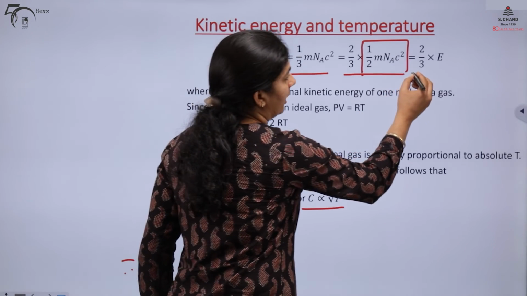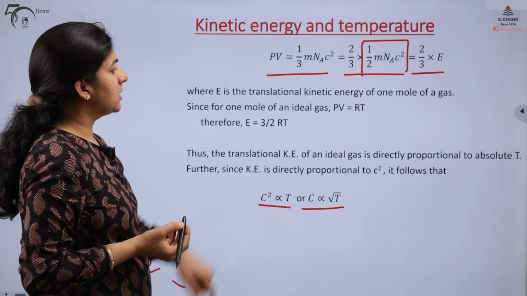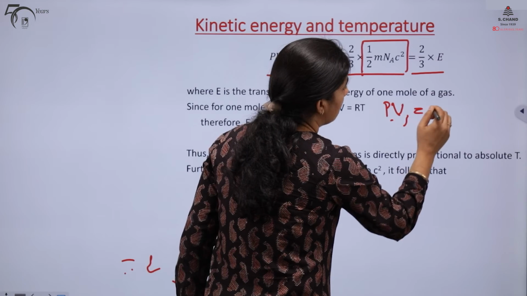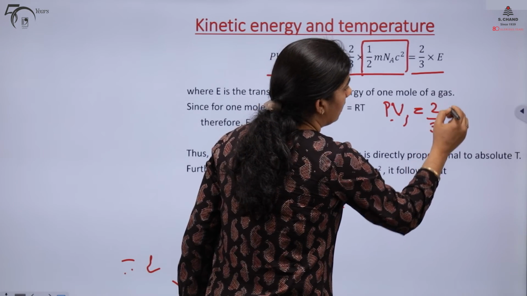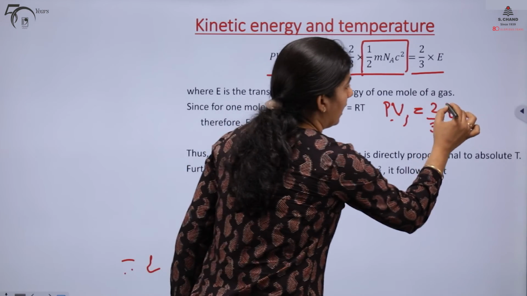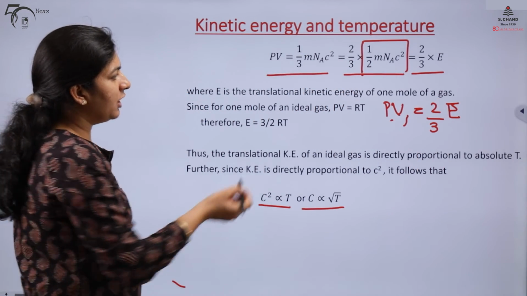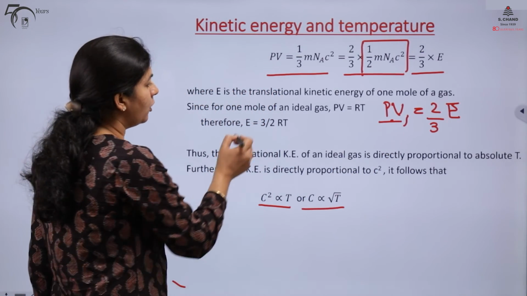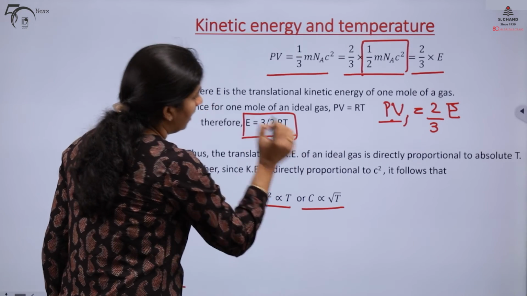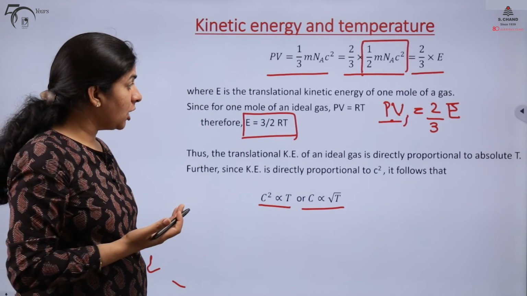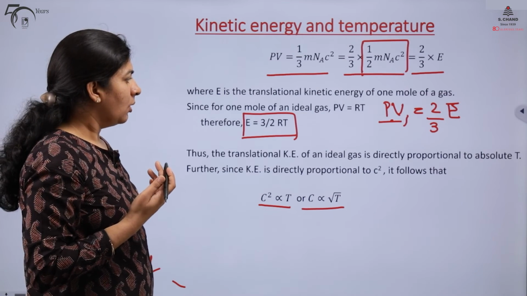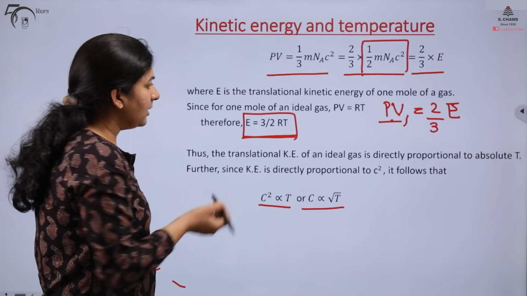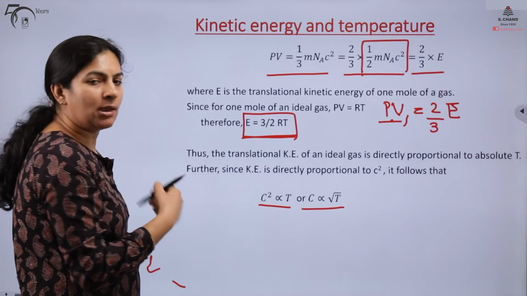So if this is so, then we can write that PV is equal to 2 by 3 E, where E is your kinetic energy, right? So we can rewrite this for an ideal gas, PV is equal to RT. Therefore, we can get this expression that the total kinetic energy of 1 mole of a gas is given by 3/2 RT.